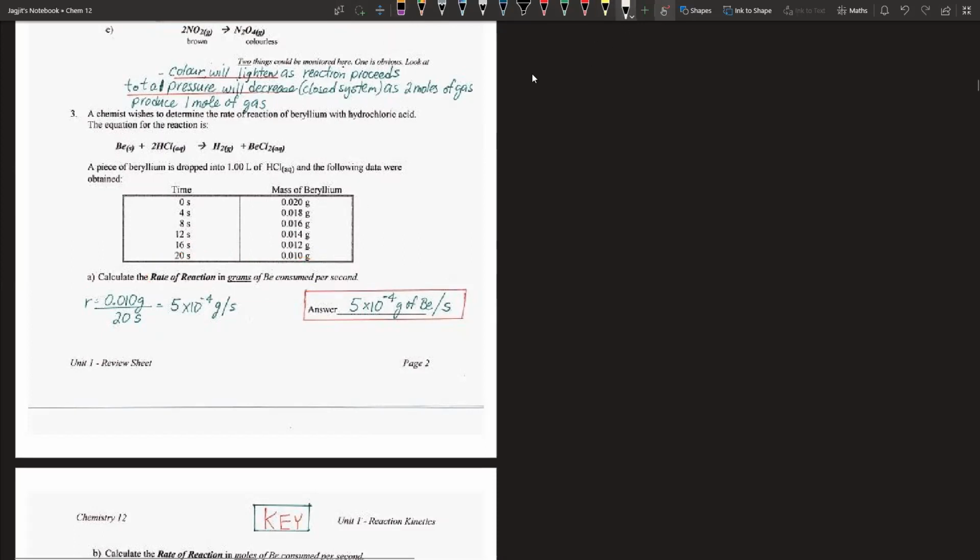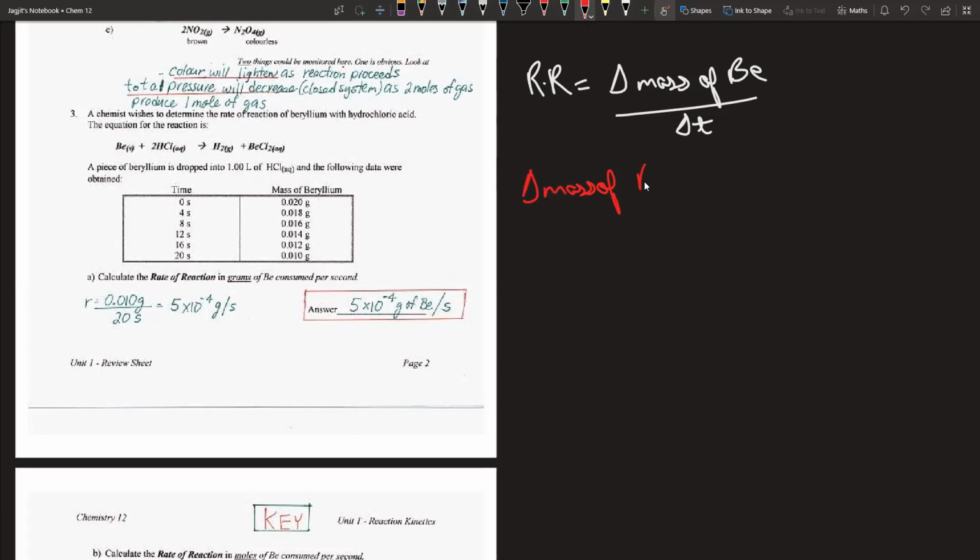So they want me to write this reaction rate in terms of change in mass of Be over change in time, because they said grams per second. So let's first find the change in mass of Be. For that, I just look at my initial mass and my final mass.